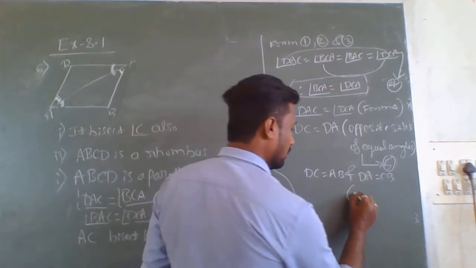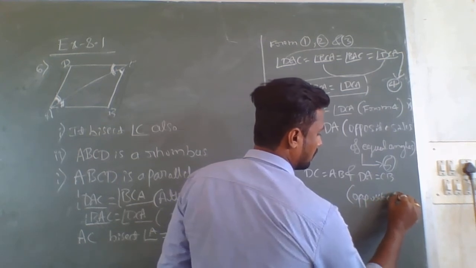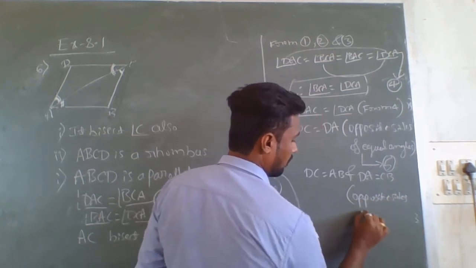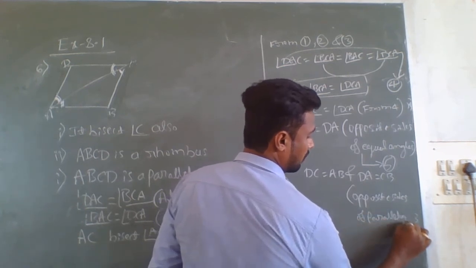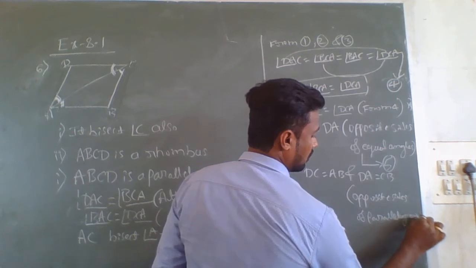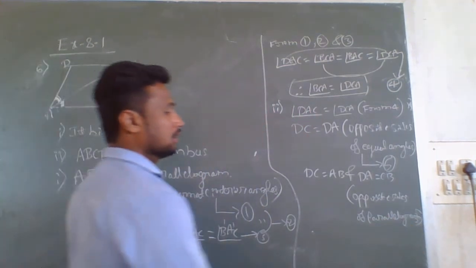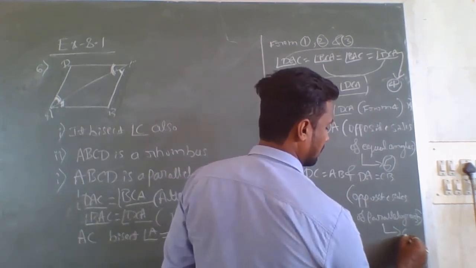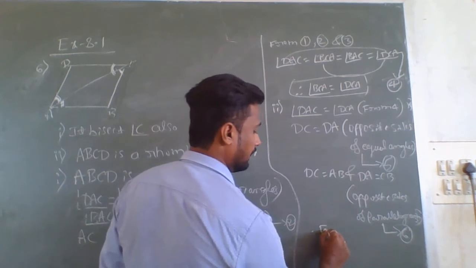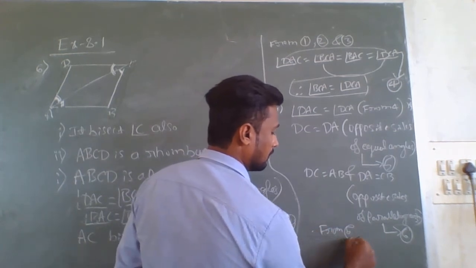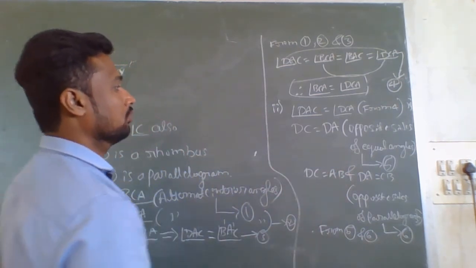Therefore, we know that opposite sides of a parallelogram are equal. So now I will consider this as 6. From 5 and 6, what can we write?